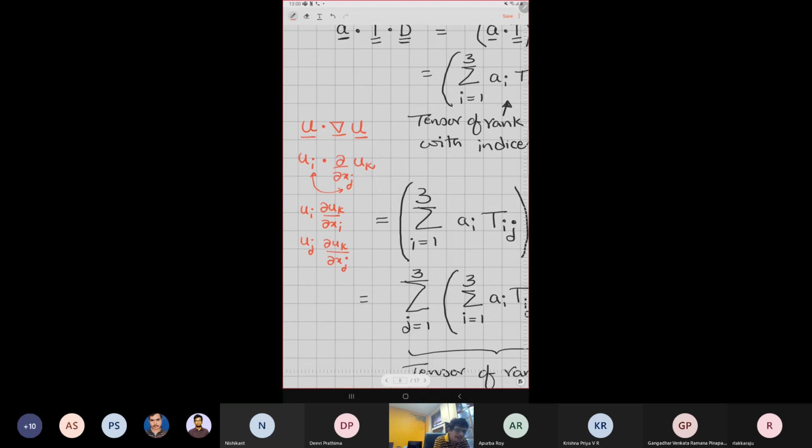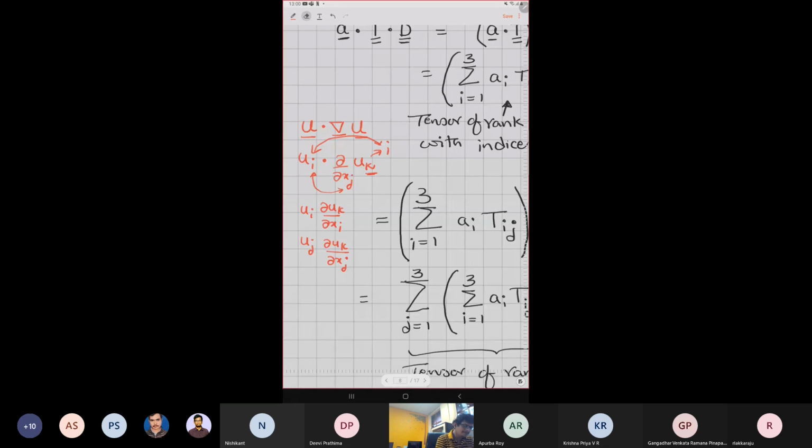Because if you write k as i, that means you have already applied the summation rule. That is not permitted. So whenever you see the vectors, you have to separately write down those indices, then apply the condensation.